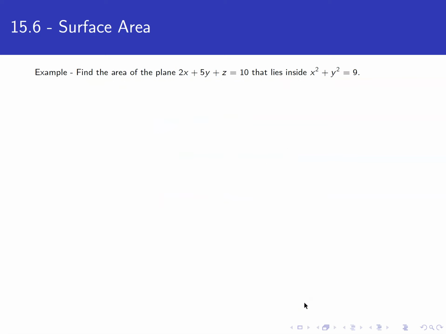All right, so let's see if we can use this formula to help us get a surface area. We want to find the area of the plane that lies inside the cylinder x squared plus y squared equals 9. So I first need to change the equation that we have into a function of x and y, so I solve for z.